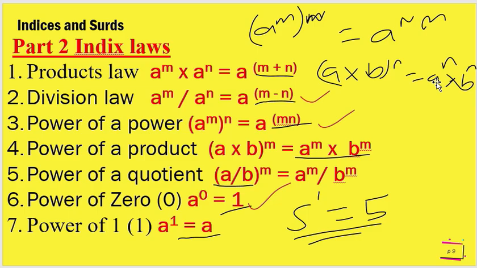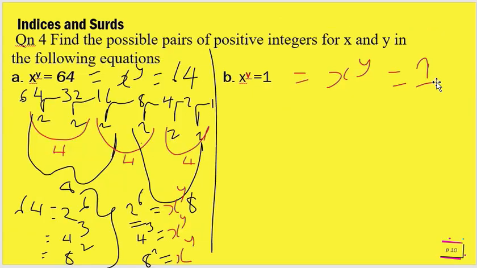If you look at rule of indices number 6, power of 0, anything raised to power 0 is just equal to 1. And the other thing is number 7, power of 1, that anything raised to power 1 is just equal to itself.